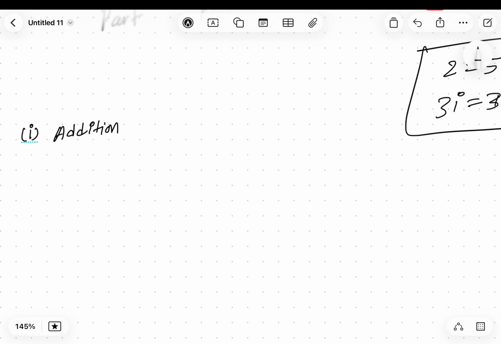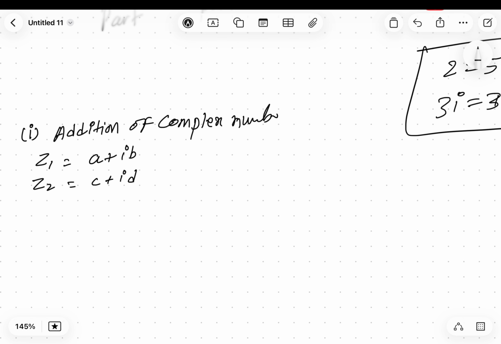We can add two complex numbers. Suppose we have complex numbers z1 and z2, where z1 is a plus ib and z2 is c plus id, and we want to add them.